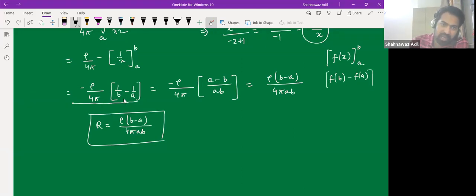Then we took the LCM of these two, so the LCM would be ab. Then ab divided by b gives a, so a is multiplied with 1, and ab divided by a gives b, so b is multiplied with this one. So then you get a minus b. But you take this minus sign inside, so this would be minus a and plus b, so plus b minus a, right?